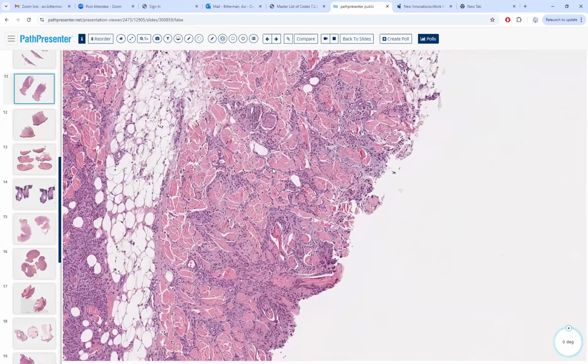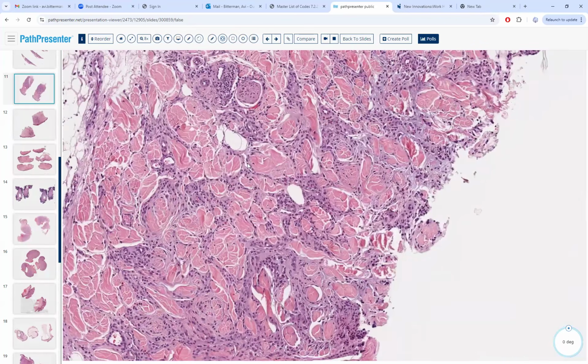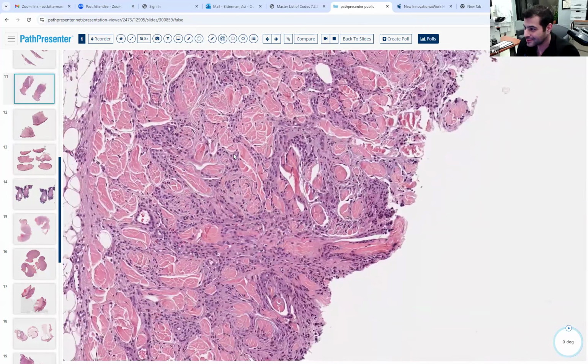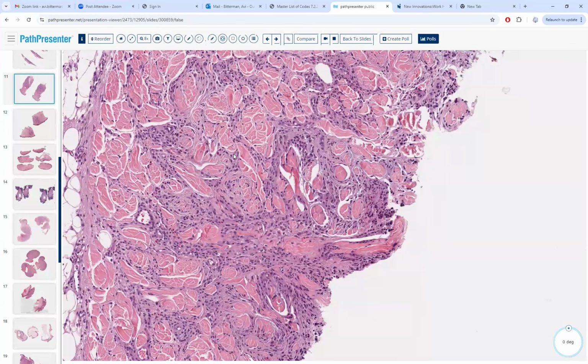Interstitial granulomatous, just like interstitial granulomatous dermatitis. It's a dermatitis, it's granulomatous, and it's interstitial. What do we call it? IGD. Yes, we call it just that, interstitial granulomatous dermatitis.